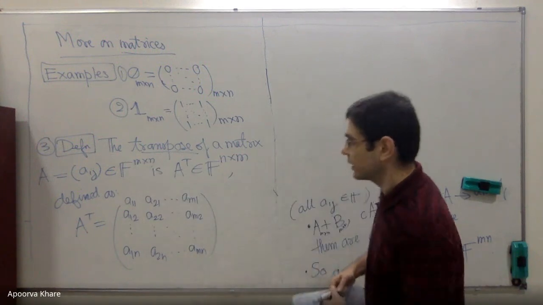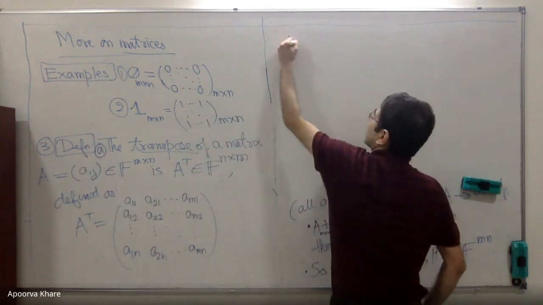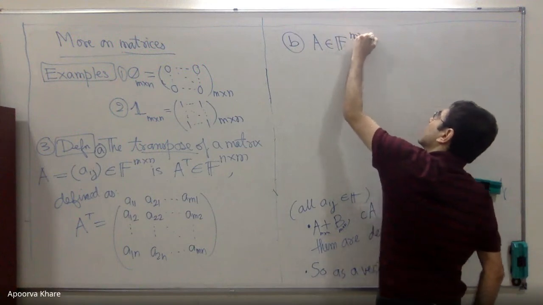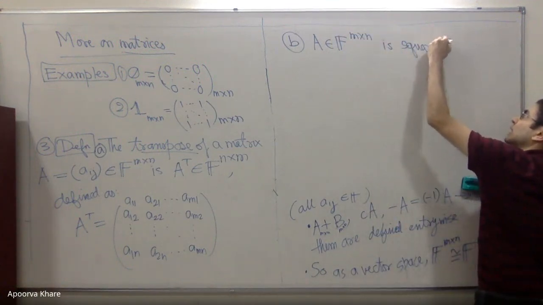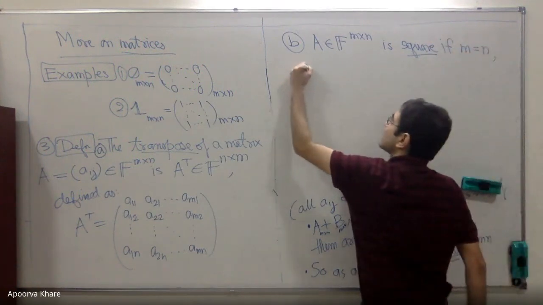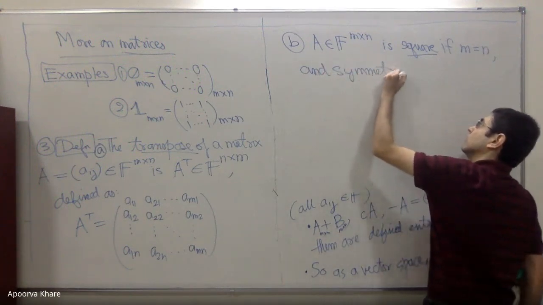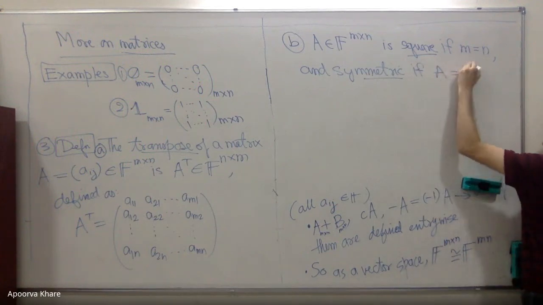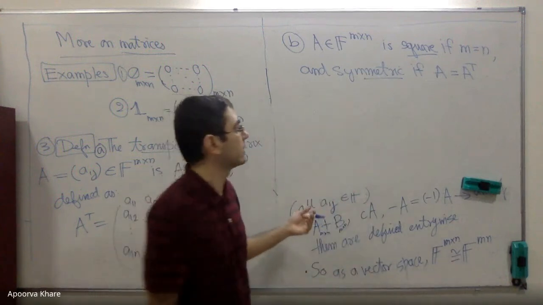Such a matrix is said to be square. A in F to the m cross n is square if m equals n, and symmetric if A equals A transpose. That's when we call it a symmetric matrix.